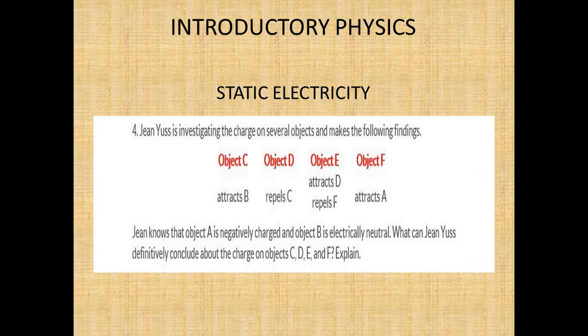Now we know that E is positive, and D attracts E. So if E is positive, D could be neutral or negative to attract E. But D is repelling C, and a neutral object will never repel anything.